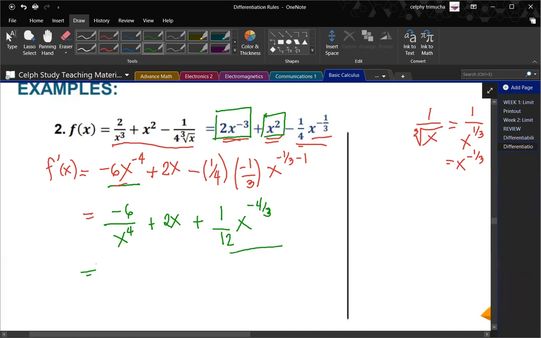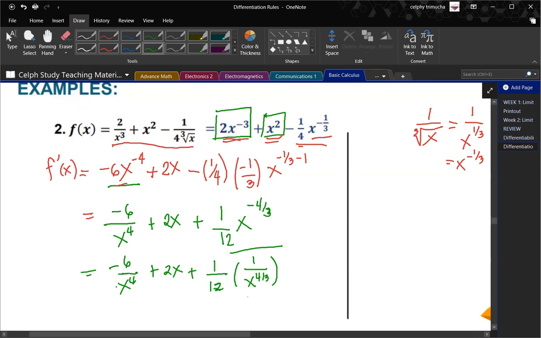So, we have negative 6 all over x to the fourth plus 2x plus 1 all over 12 times 1 all over x raised to 4/3. So, papanaog na lang siya, then mo 1 over na kita.